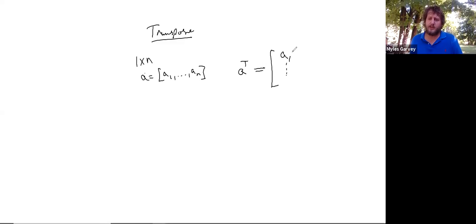And so we get something different. While this was 1 by n, this technically is n by 1. Remember, number of rows, number of columns. One column, n rows; n columns, one row. Likewise, those are the transposes of the vectors.